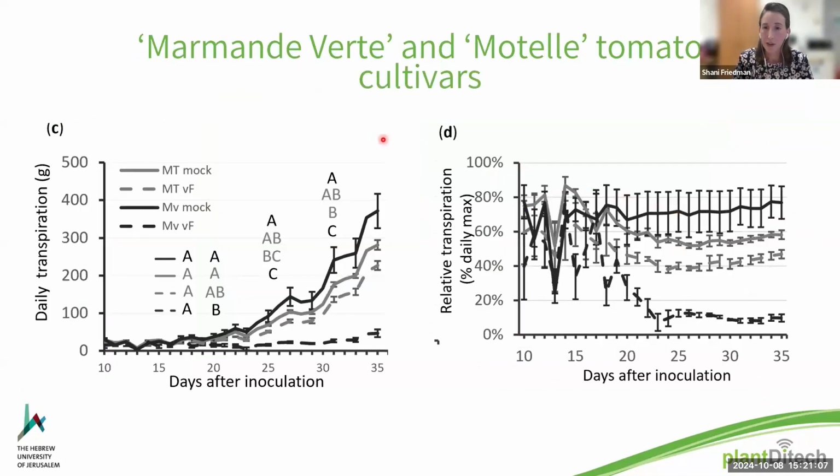We did this with 2 other cultivars, Marmande Verte, I hope I'm saying it okay, a susceptible cultivar, and Mutela, a resistant cultivar. We followed the transpiration of these plants, and here too, the resistant cultivar in gray is acting nicely. When infected, it loses some transpiration. The susceptible cultivar in black doing better when uninfected, but losing much more when inoculated.